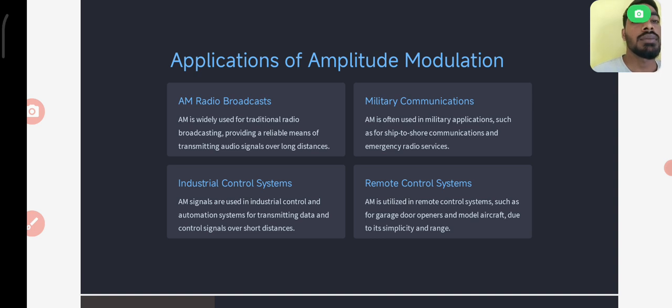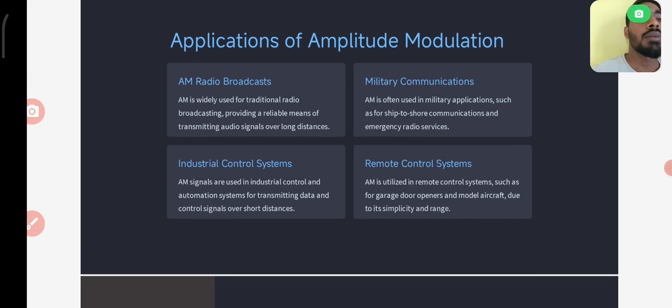Industrial control systems: amplitude modulation signals are used in industrial controls and automation systems for transmitting data and control signals over short distances. Remote control systems: amplitude modulation is utilized in remote control systems such as garage door openers and model aircraft due to its simplicity and range.